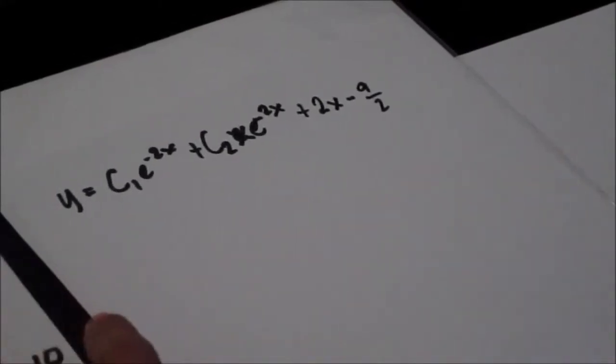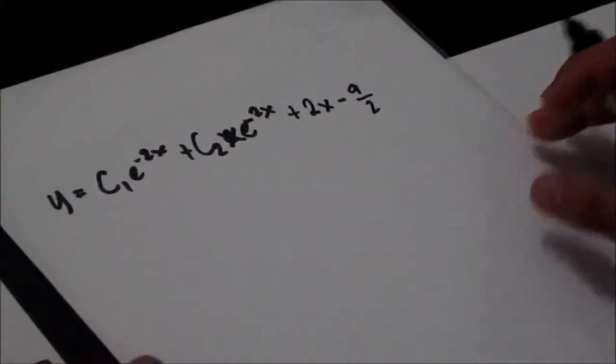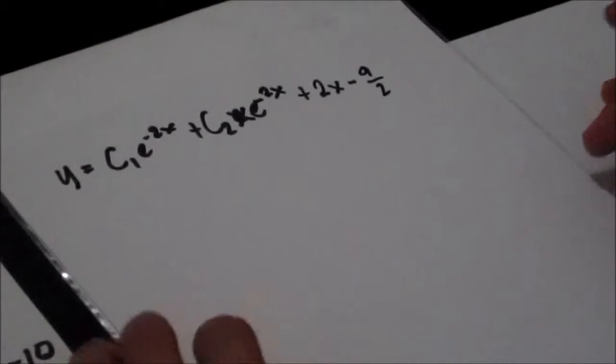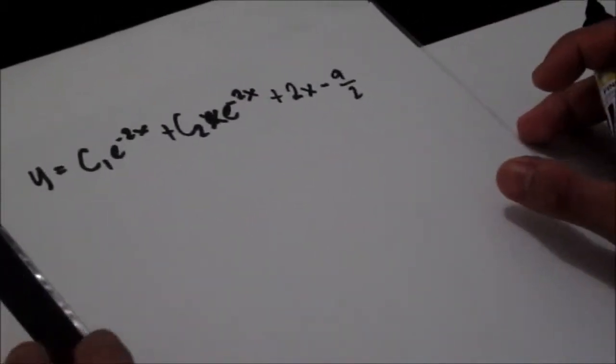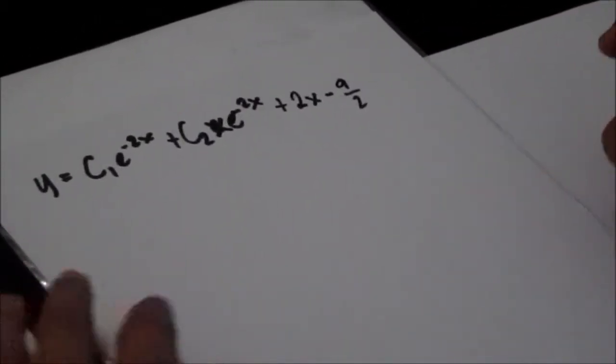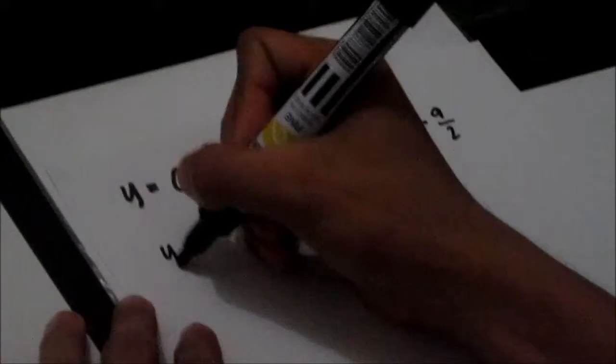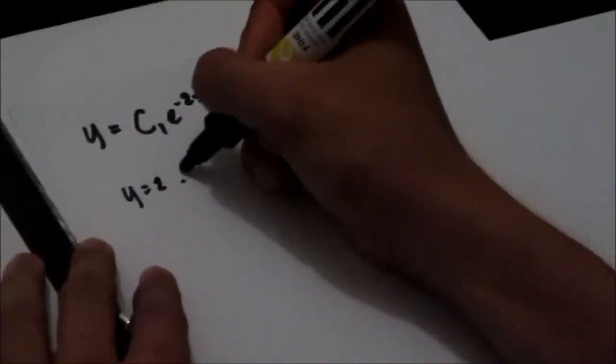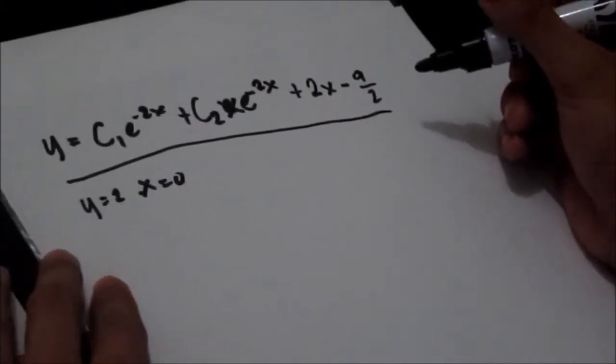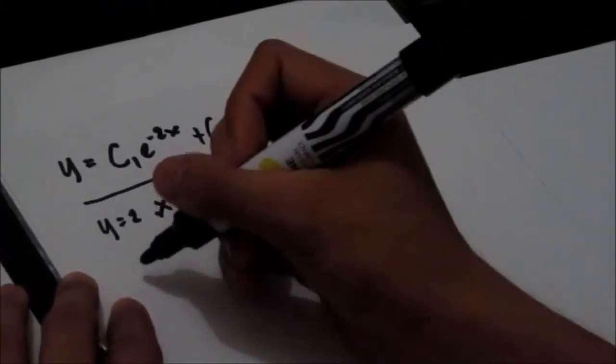But since we are given the initial conditions that will satisfy the complete solution, by substituting y = 2 when x = 0 into this complete solution, we can solve for c1.